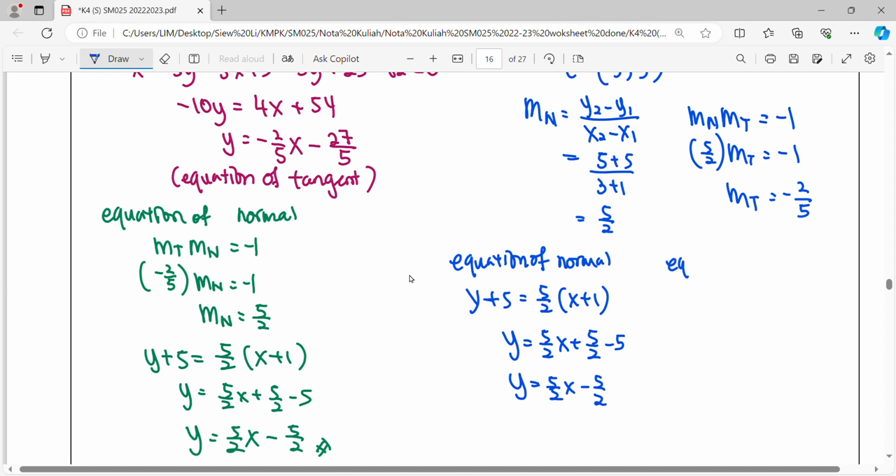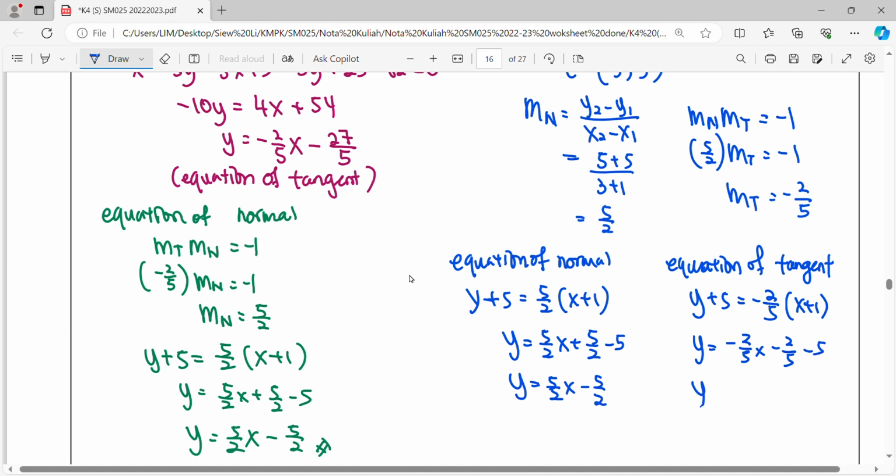So for the equation of the tangent, to build the line equation, y minus y coordinate, then the gradient, we put in the gradient of the tangent, then x minus x coordinate. Simplify these two constants, you get negative 27 over 5. So the method is different, but the answer will be the same.